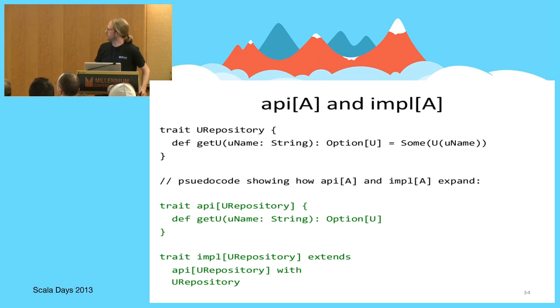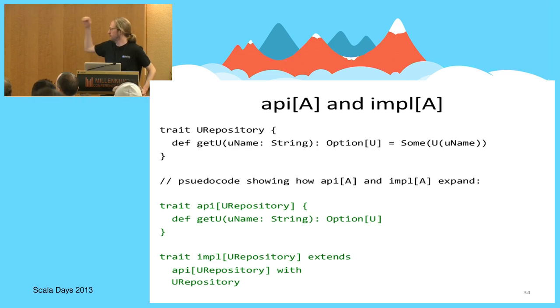So what does the API of a U repository look like? Well, just what you think. The macro is going to iterate over all the methods and maybe the vals in the signature of the U repository and provide the same method signatures, but just make everything abstract.